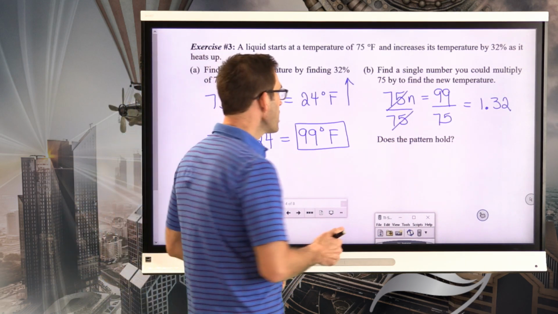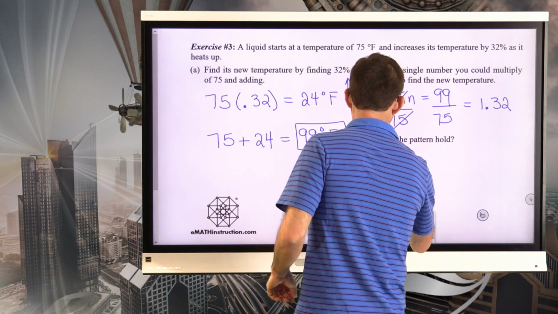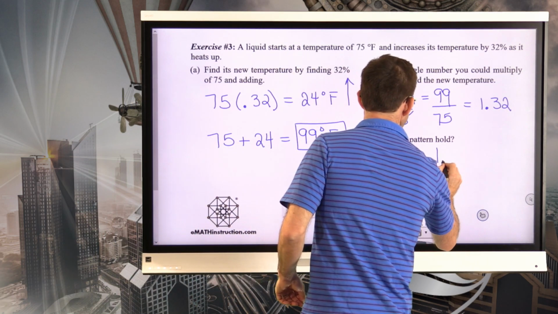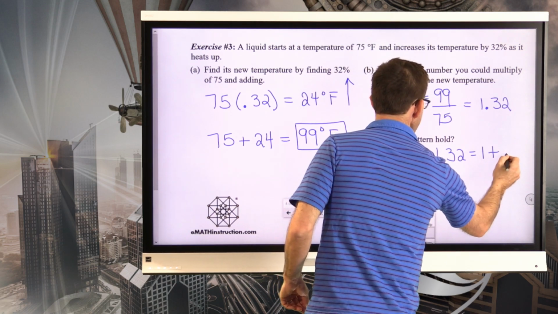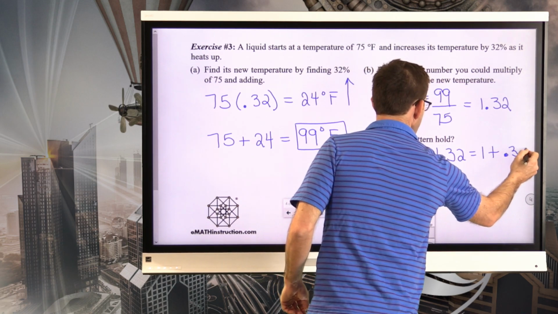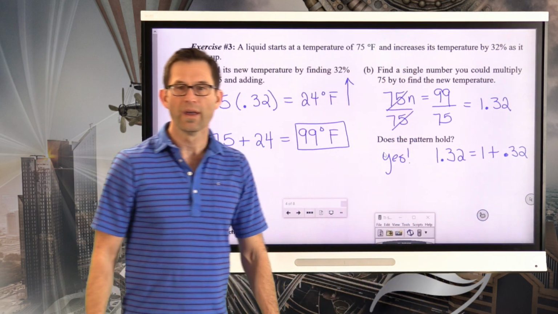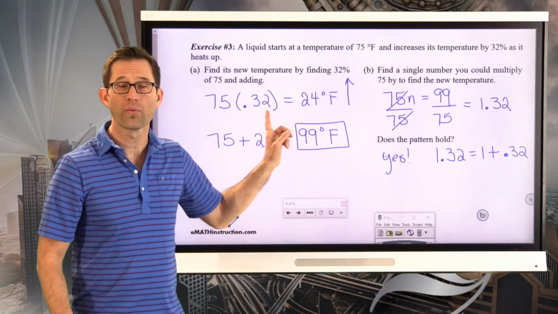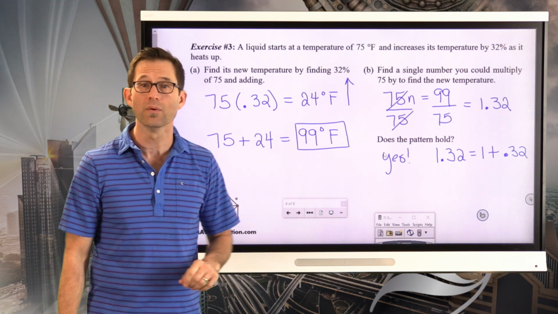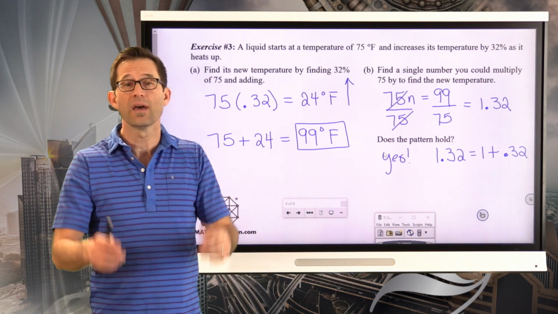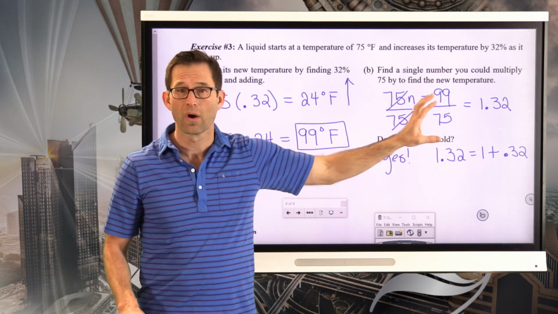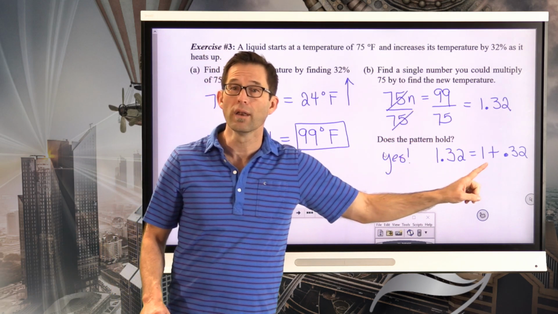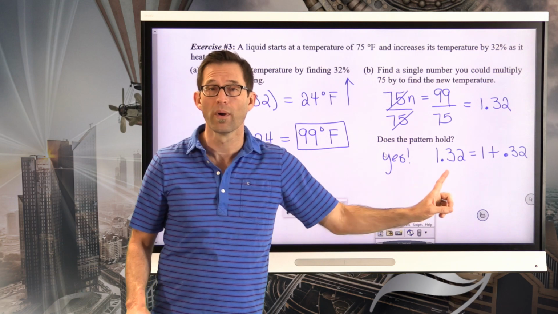And of course, we can think of 1.32 as 1 plus 0.32, right? So that raise in the temperature can sort of be found all at once, our new temperature, by multiplying by 1 plus 0.32 or 1.32.